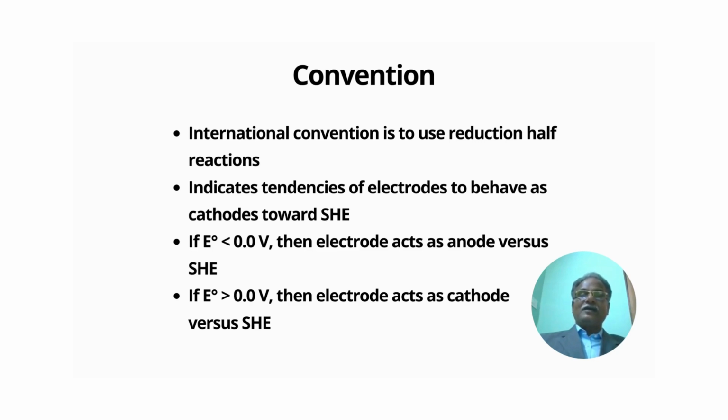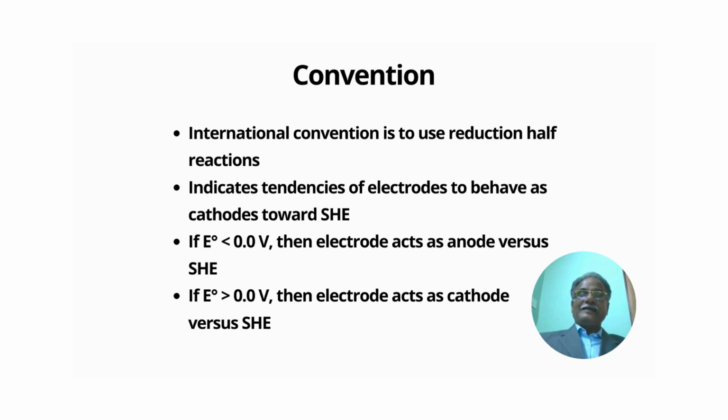But here, according to IUPAC, the considered convention is the reduction reaction. So the electrochemical series given in our books is with respect to standard reduction potentials of the elements. This series indicates the tendencies of electrodes to behave as cathode towards the standard hydrogen electrode, which is abbreviated as SHE.